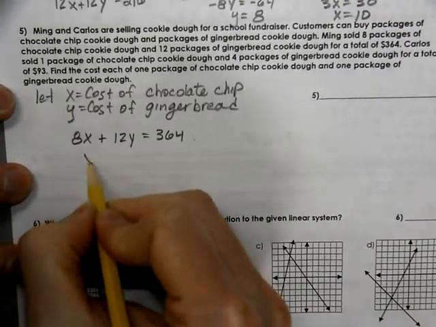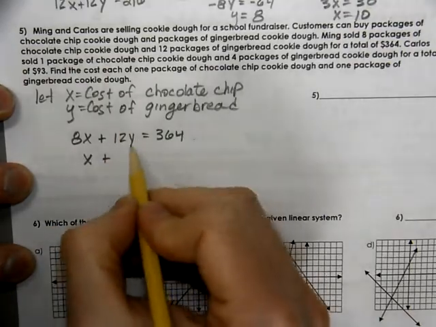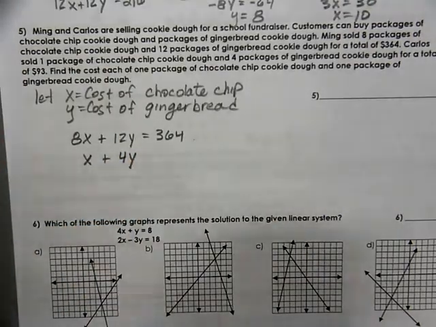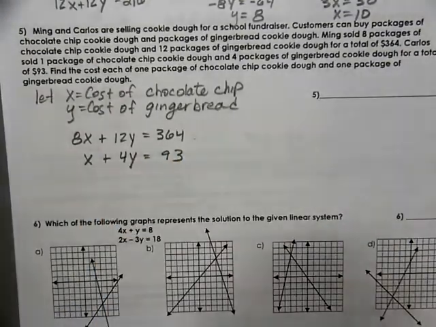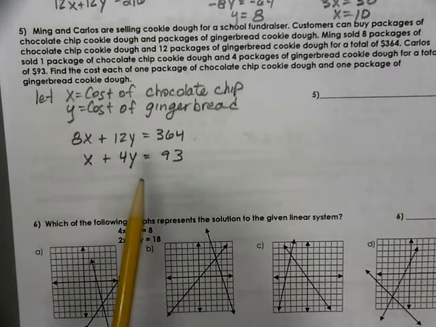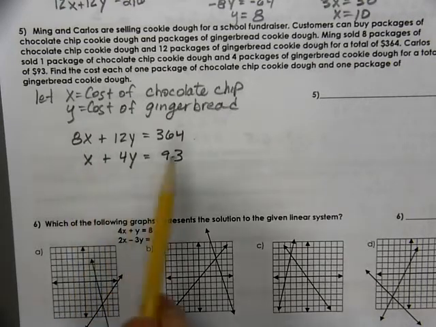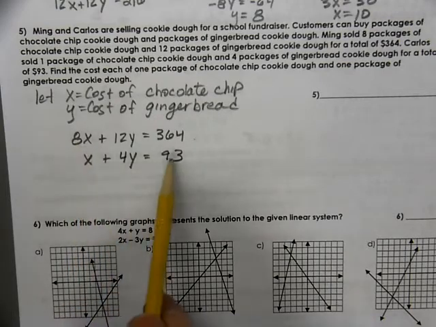Carlos did 1 chocolate chip and 4 packages of gingerbread and made 93. So you could do this a couple different ways. We could try to get our x's together by multiplying by negative 8, but that's going to make 93 times 8 get pretty big.